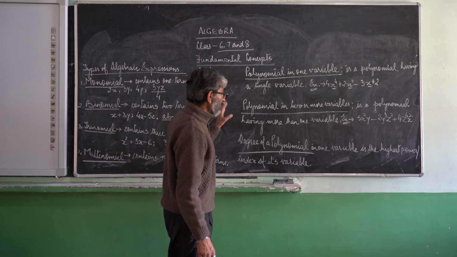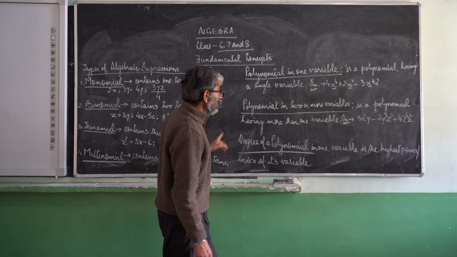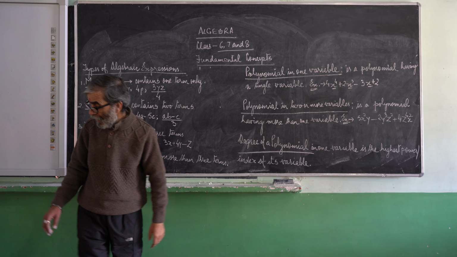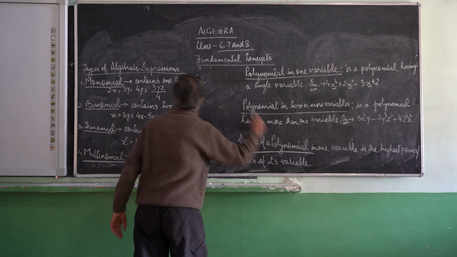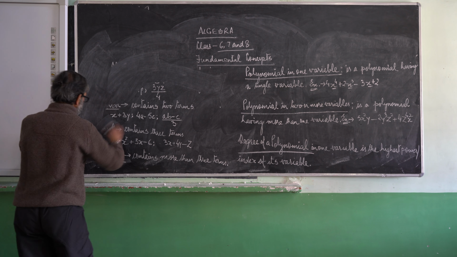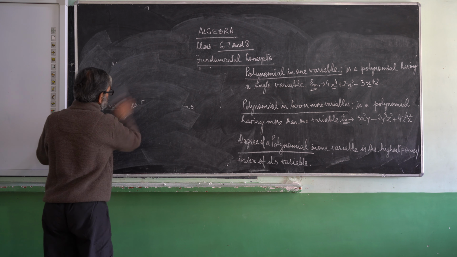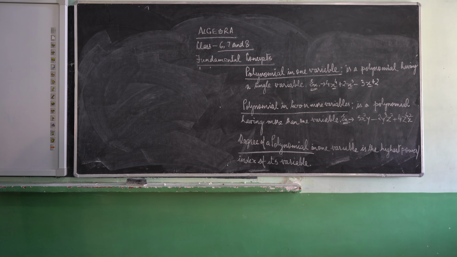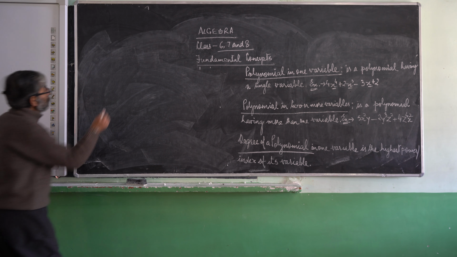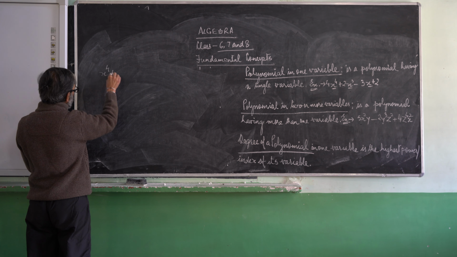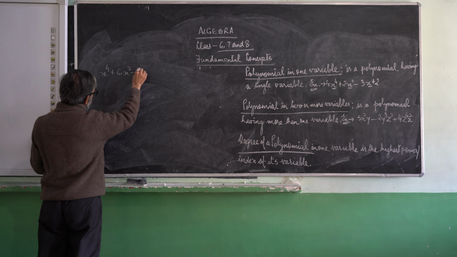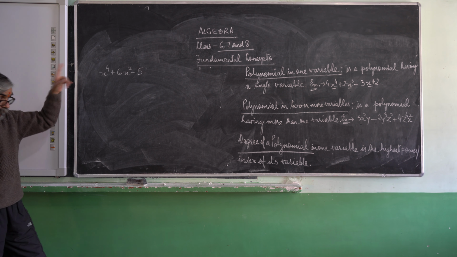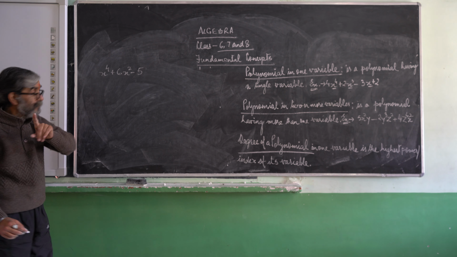Then we come on to degree of a polynomial. The degree of a polynomial in one variable is the highest power or index of its variable. If I take an example, x to the power of 4 plus 6x square minus 5. I'm talking about the degree of a polynomial in one variable.